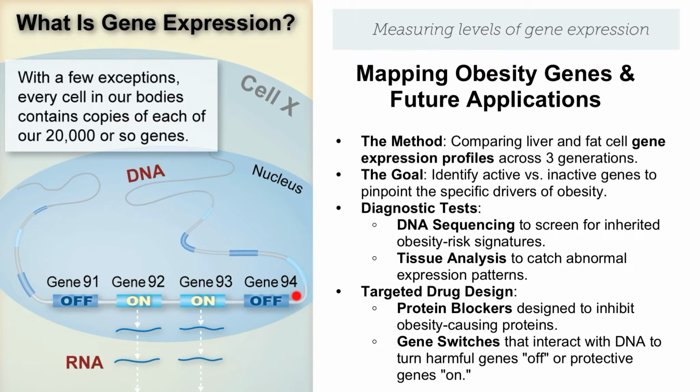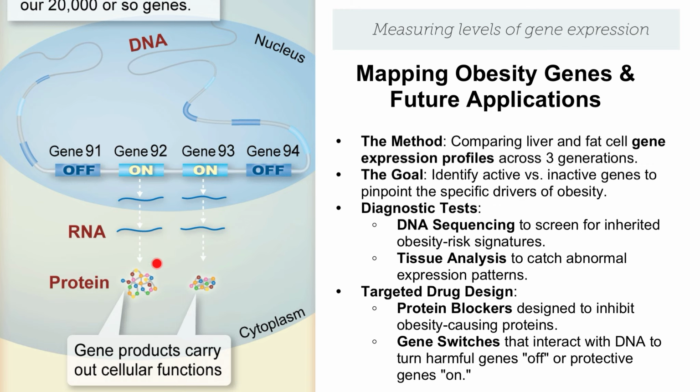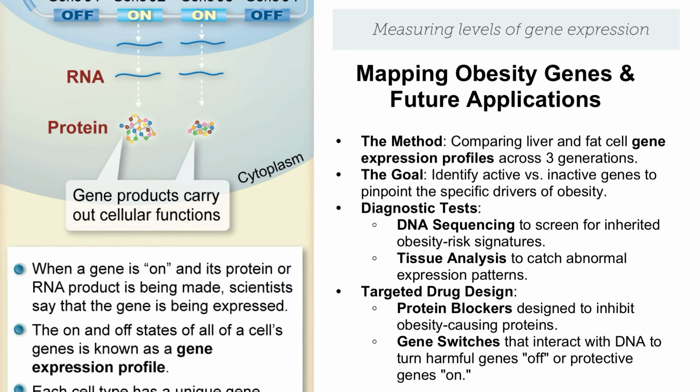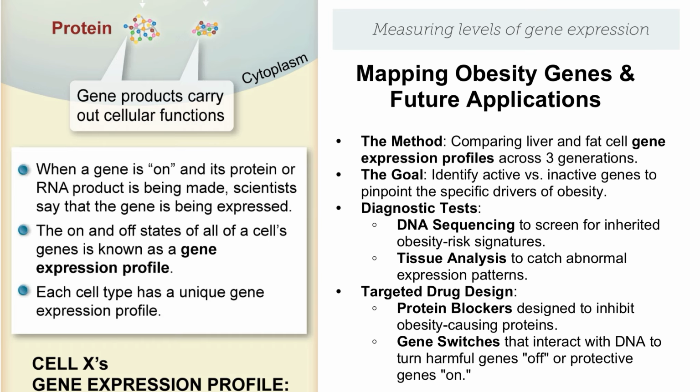But for simplicity, it's shown as if these genes are on the same chromosome. And as you see, those genes which are on produce messenger RNAs, which will be used by ribosomes to make proteins. And proteins in their own turn carry out major functions of the cell and its metabolism.